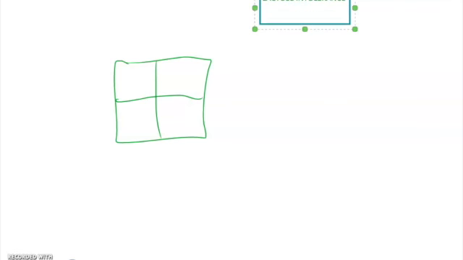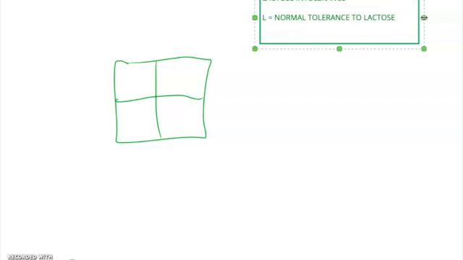What are the alleles? What's the dominant allele? It is an uppercase L. And that allele codes for normal tolerance to lactose, right?